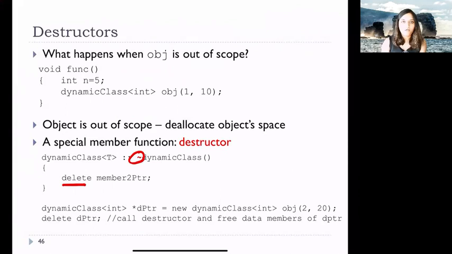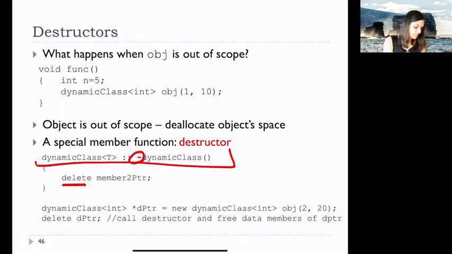So the destructor follows the same rule as the constructor. It needs to have the same name as that of the class and as that of the constructor. That's how we know that this is the destructor for this particular constructor. The only difference that a destructor has from the constructor in the statement itself is that we use this tilde before the destructor.